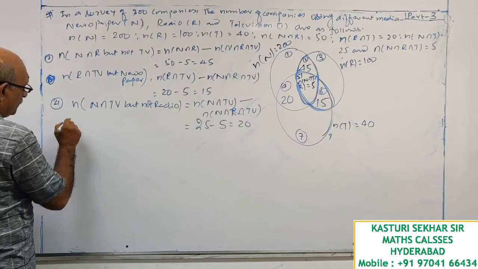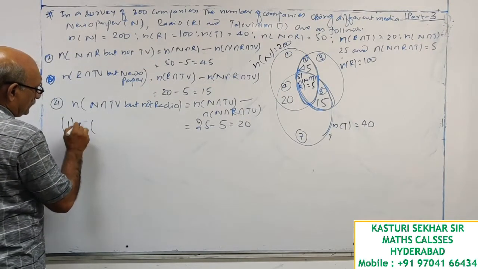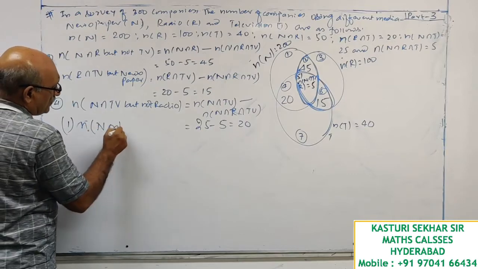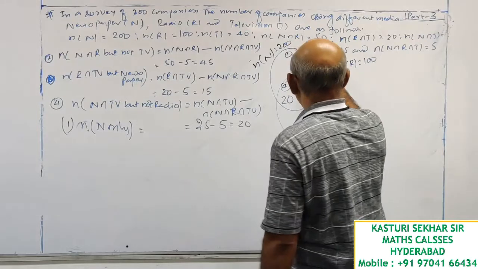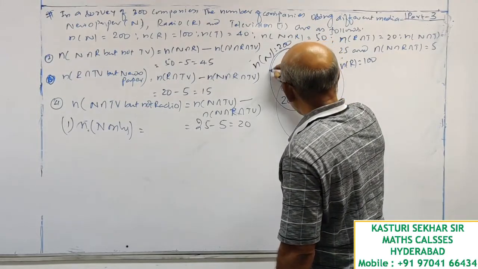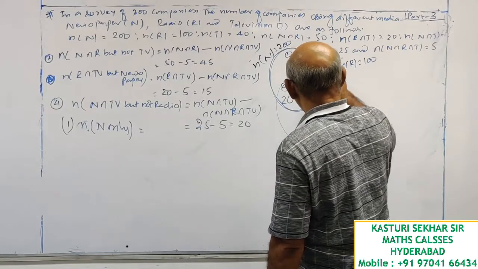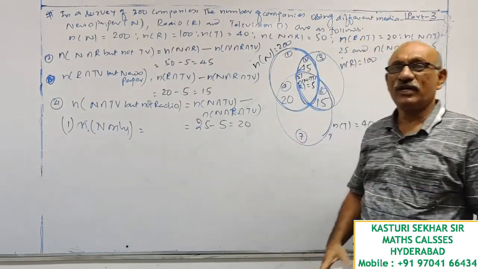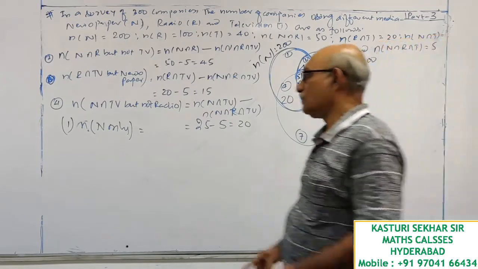First question: newspaper only. Look at this one. This set is the newspaper set. It is divided into 4 parts, 1 plus 2 plus 5 plus 4.